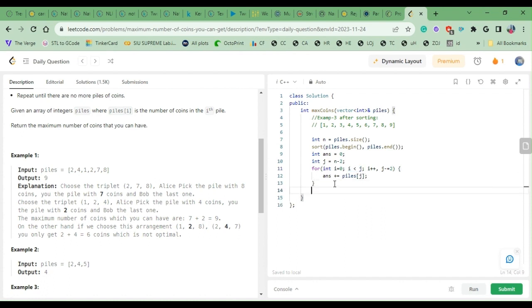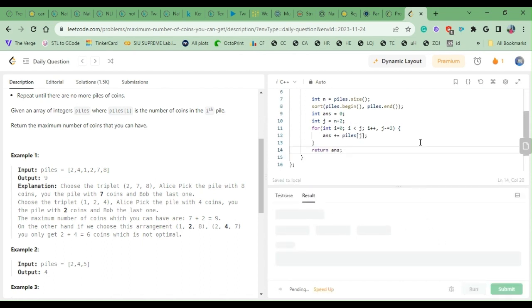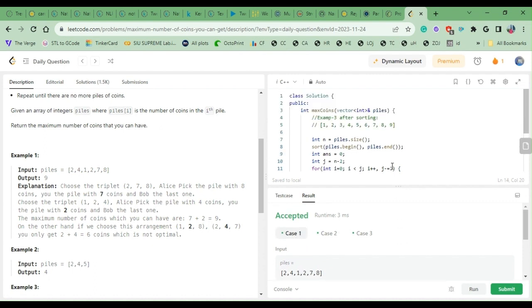So if we return the answer and run the code, you will see all are accepted. I mean, all 3 cases are passed. So the correct answer we got. Now we are going to submit this solution to see whether they accept it for all test cases.